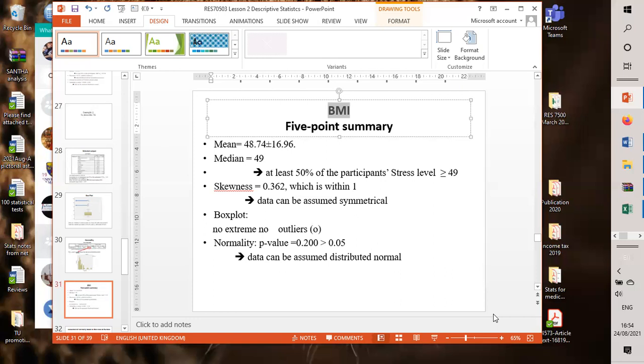Sometimes, especially when the sample size is large, it is very difficult to get this particular condition. So currently, what we follow is based on skewness and kurtosis.